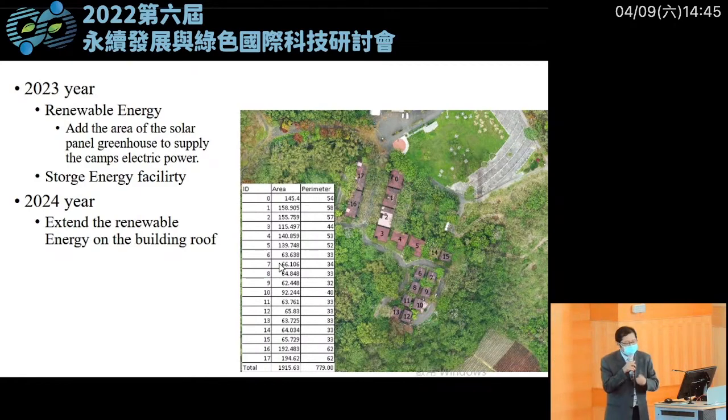We just use the solar panels to supply power to our campus, so we can reduce our electric power. Then next year, we want to extend renewable energy to the building roofs. That is our next step. This is what I will do this year and next year.